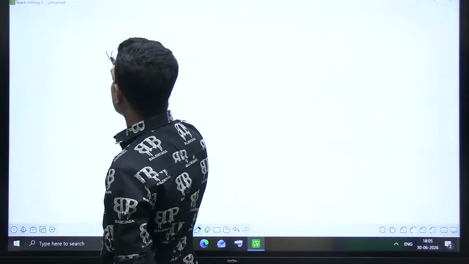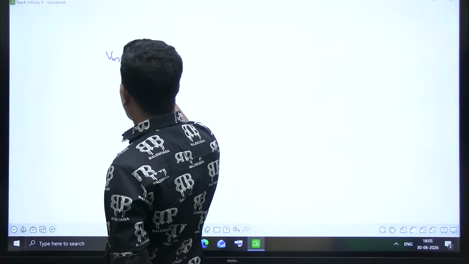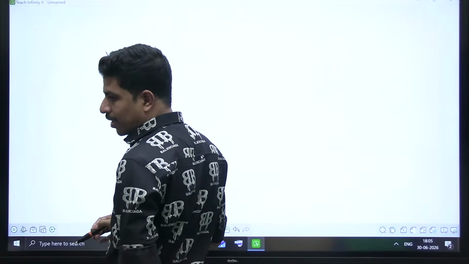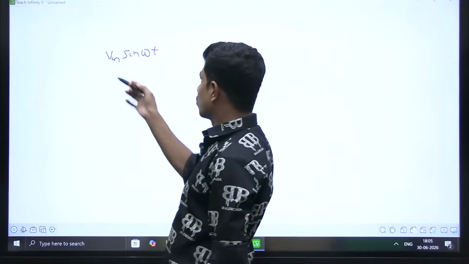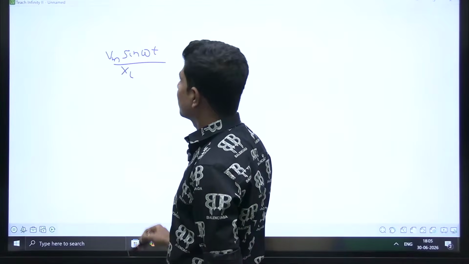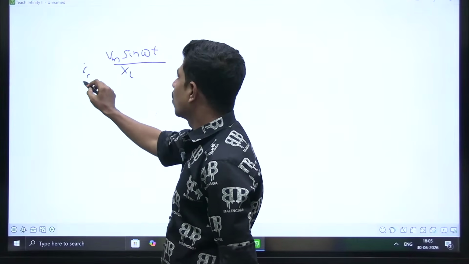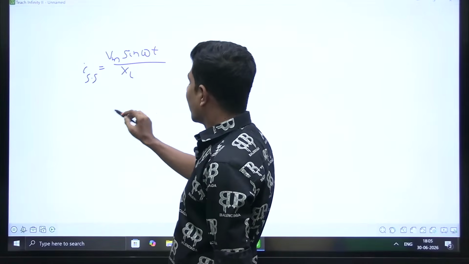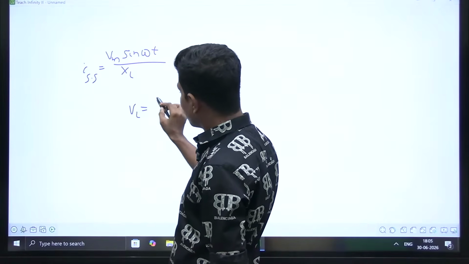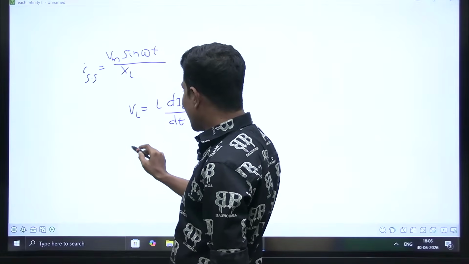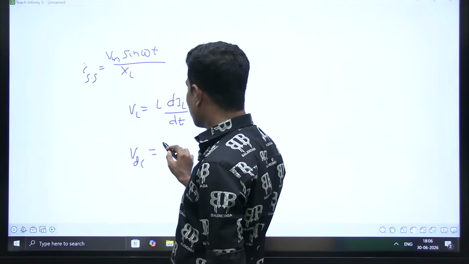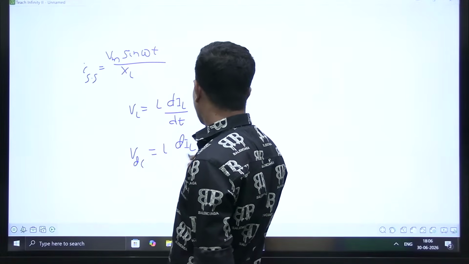See, Vm sin omega t is there. As it has two sources, we can apply superposition. One source I am taking. I am considering the sinusoidal source first. Then for sinusoidal, it is XL. This is the current because of the sinusoidal source. Now, current because of the ramp: for an inductor, VL is equal to L dIL by dt. Now VDC is equal to L dIL by dt.